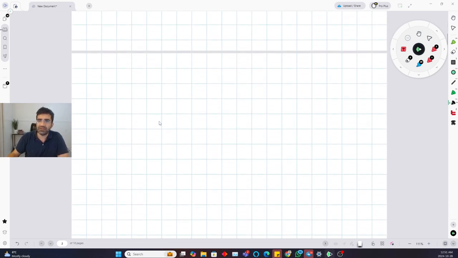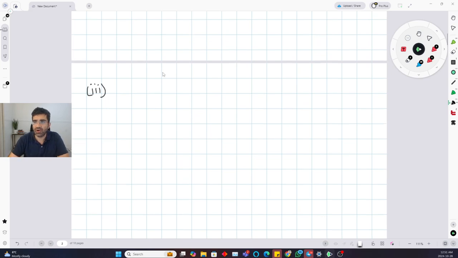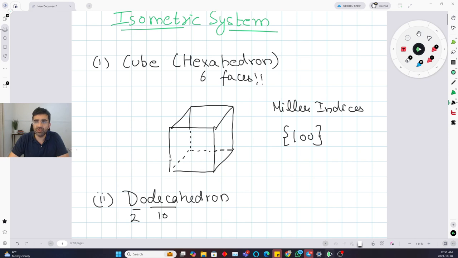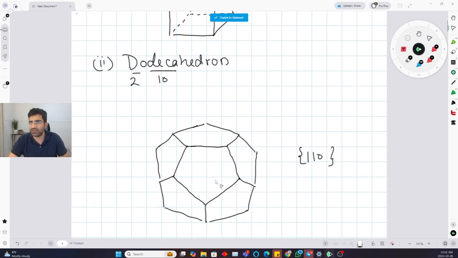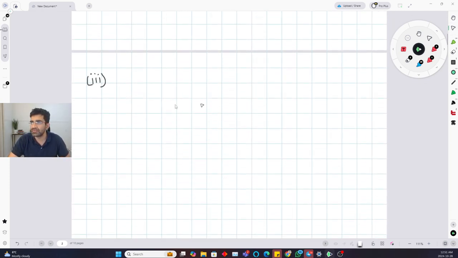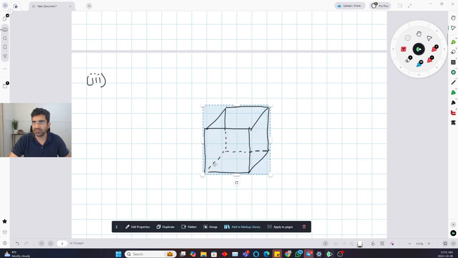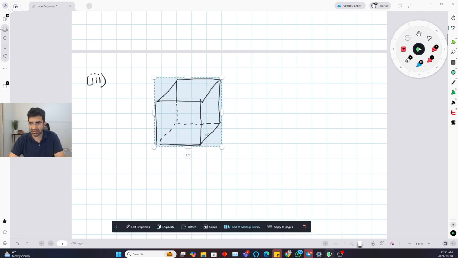The third form that you can draw you can actually draw from this cube itself. So with this cube that you have over here, all you have to do is split each face into 4. Once you have drawn a cube, you don't even need the whole thing.